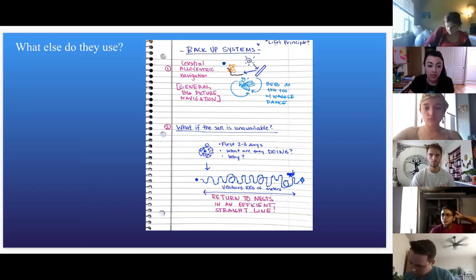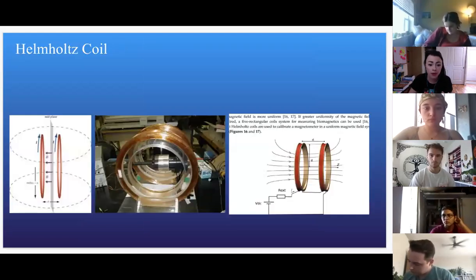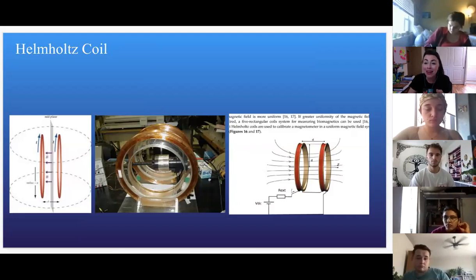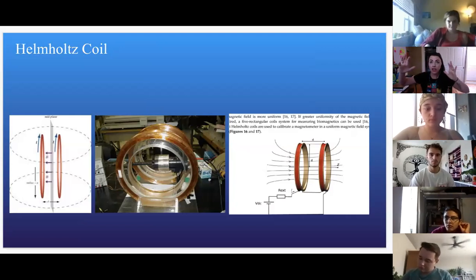Well, some scientists, to test this, went to Greece. They put up some of these Helmholtz coils. They created a magnetic field. They manipulated that magnetic field, and that's what the ants were using. So if it was here, and they knew their home was there, they went, all right, it's that way.